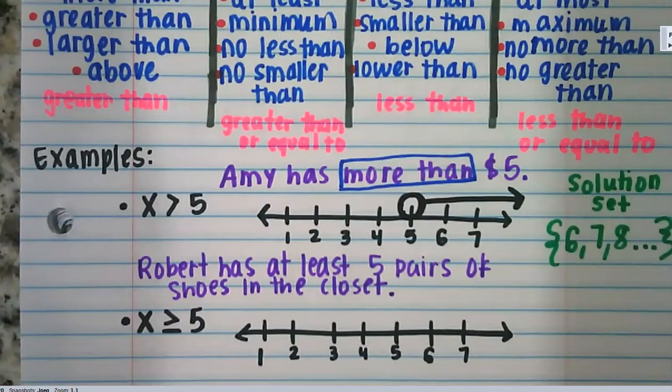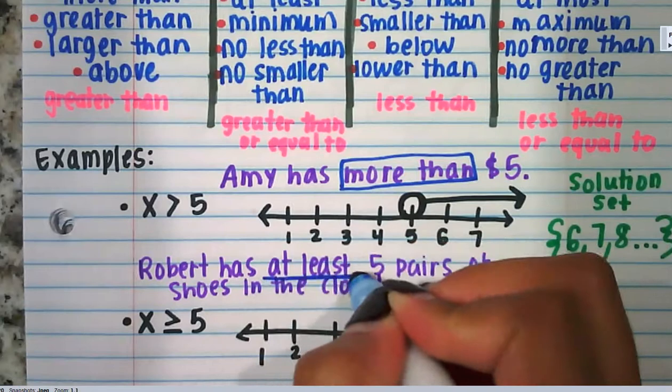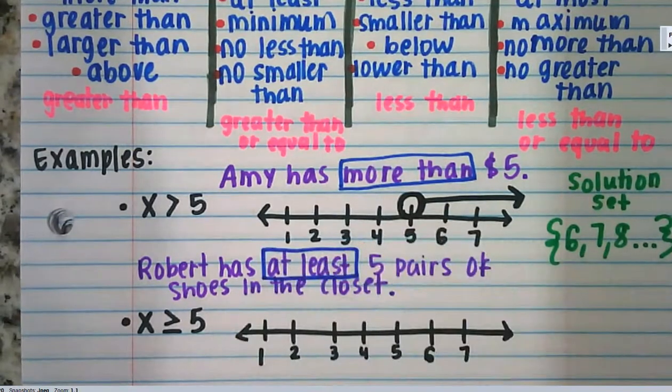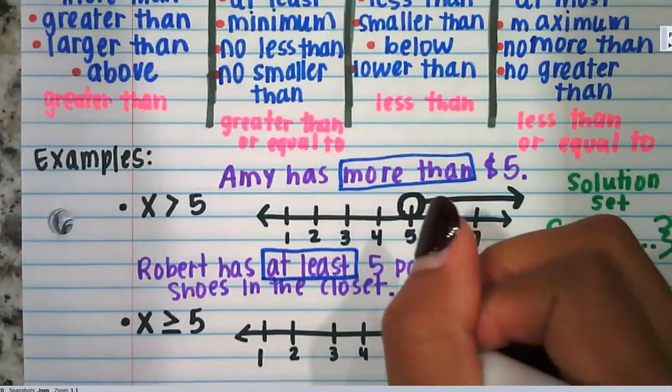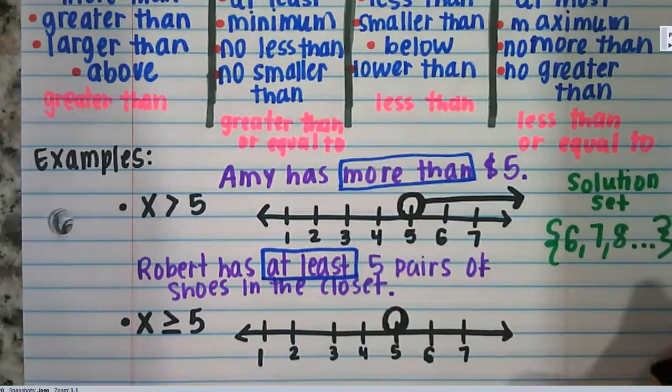So in this particular scenario, at least is our keyword. So now the question is, if he has at least 5 pairs of shoes, can he have 5 pairs of shoes? Well, yeah. If he has at least 5 pairs of shoes, 5 pairs is an option.